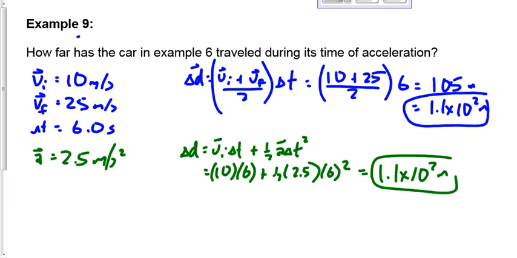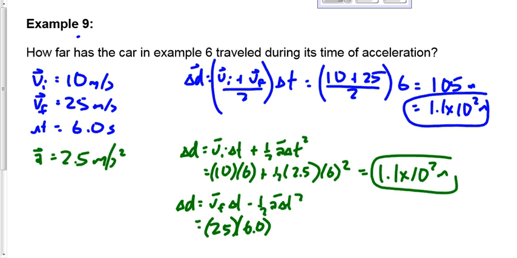Or given the acceleration that I just found, maybe I want to try D is equal to VFT minus 1/2 AT squared. What do you think I'm going to get when I do this? The final velocity is 25 times the time interval here is 6, minus 1/2 of 2.5 times 6 squared.